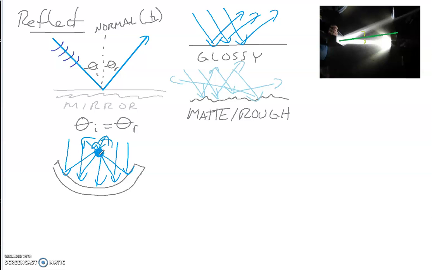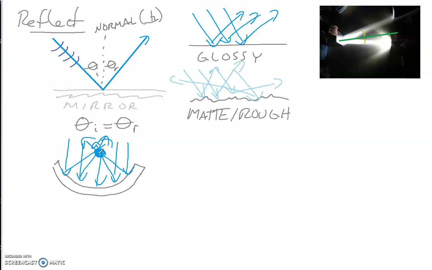This is like a parabolic shape, this is a parabola shape, and this can be used to focus things. Even just a satellite dish. If you look at a satellite dish, it's a round dish, but then there's that thing that sticks out in the middle of the dish. Well, that's the receiver. So the radio waves are coming in, they're reflecting off the dish, and they're focused right on the receiver, and that's how that works.